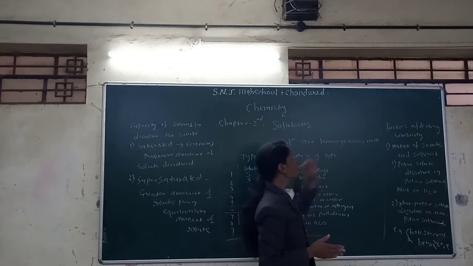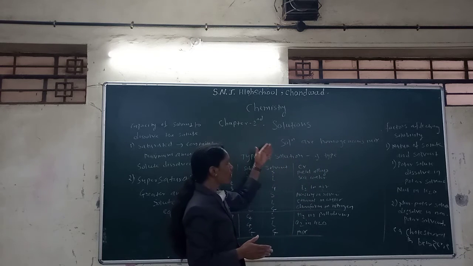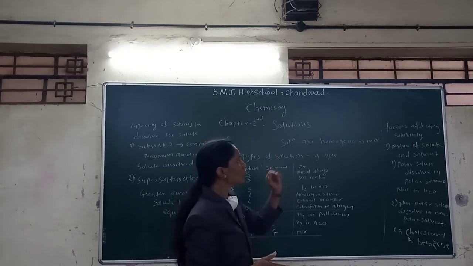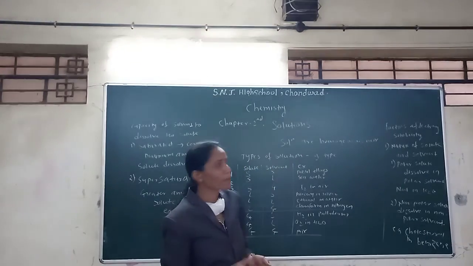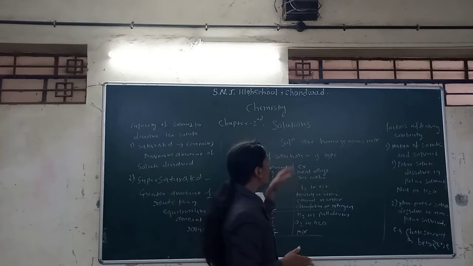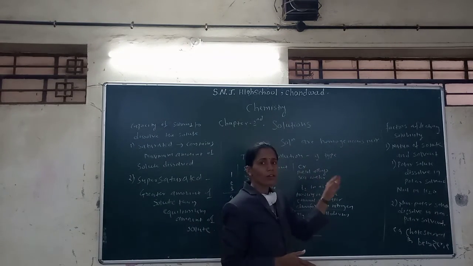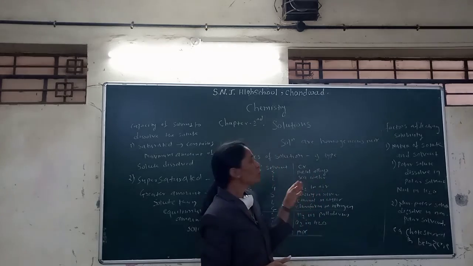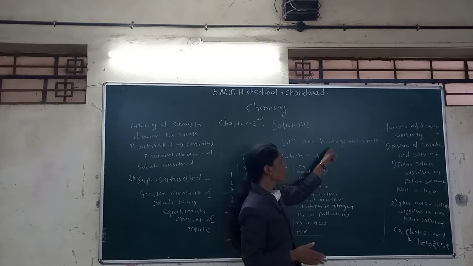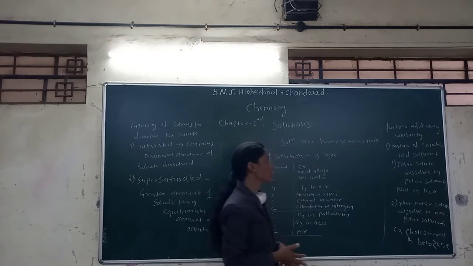Solutions have two types: first is homogeneous mixture and second is heterogeneous mixture. Homogeneous mixture means the solute is dissolved in the solvent completely to form only one layer, called a homogeneous mixture or homogeneous solution.